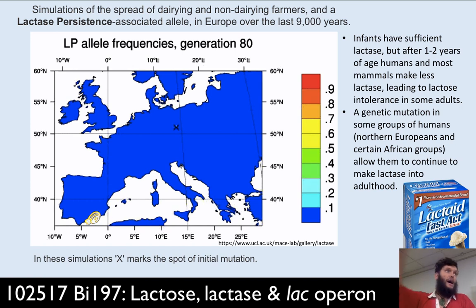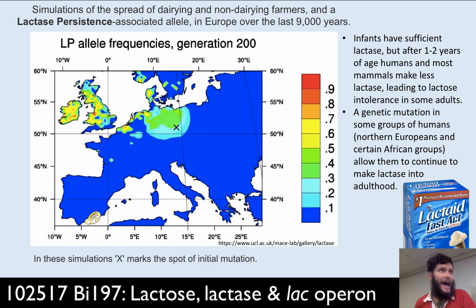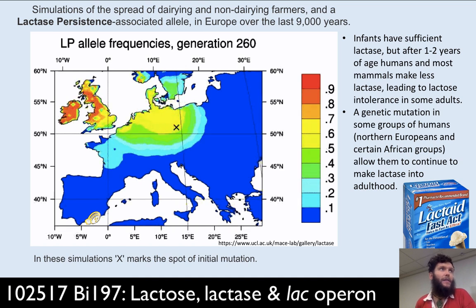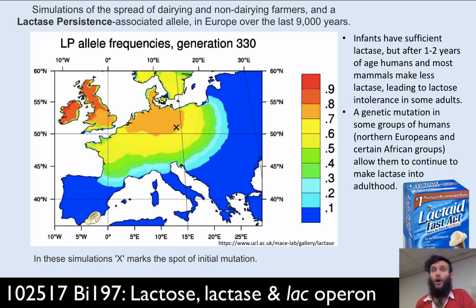So in the beginning, when you see it's all blue, everybody was lactose intolerant 9,000 years ago in Europe. And then where you see the X, somewhere in central Germany, that's apparently where the initial mutation arose.